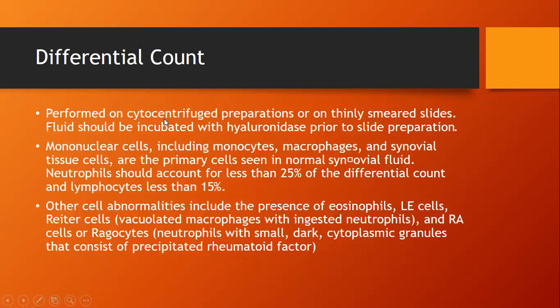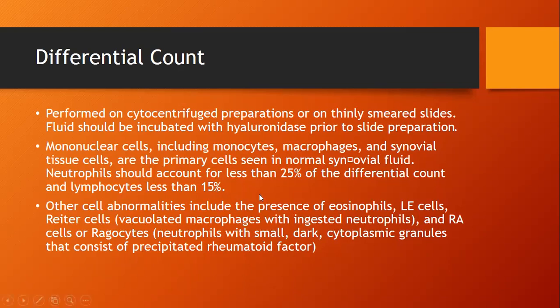Now, remember I've mentioned that neutrophils account for less than 25% of the total WBC count, and lymphocytes less than 15%. Usually this may rise to more than 75% neutrophils in inflammatory states or septic joint disorders.